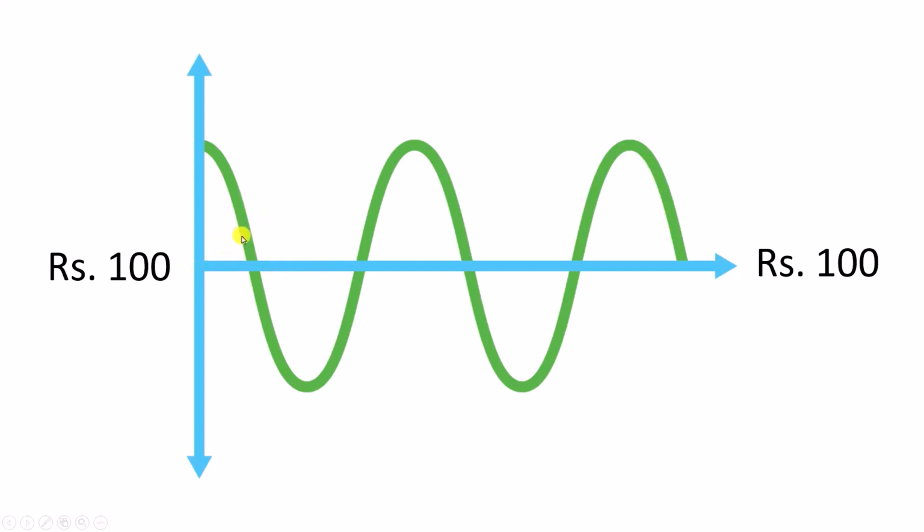This will happen due to many reasons. We will see why it happens later. But just know that if the stock fluctuates too much, then it is called volatile. That is volatility. Too much fluctuation from the normal price is called volatility.